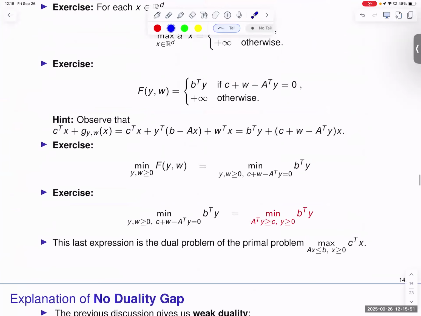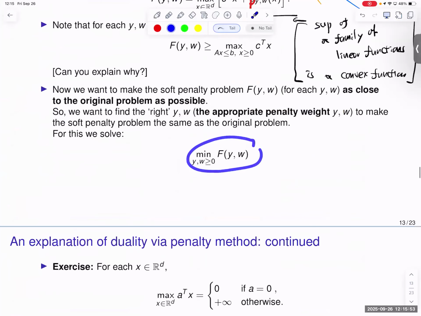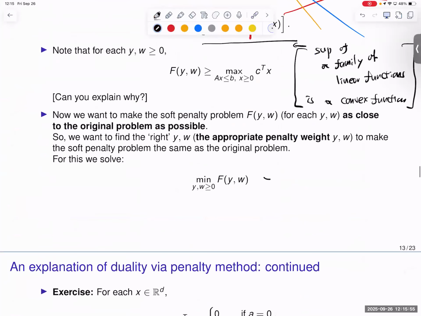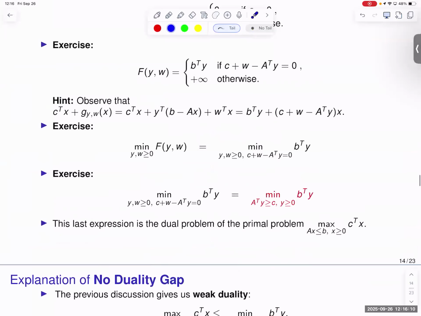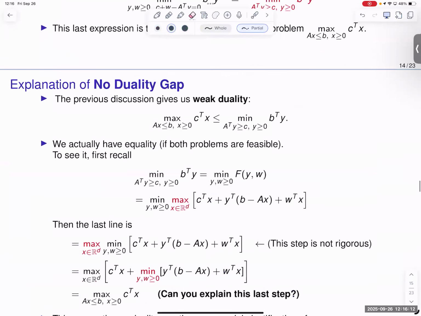Then here, remember, this value is always bigger than or equal to this value, the max of the original problem. And no duality gap says this value is actually equal to that maximum value.